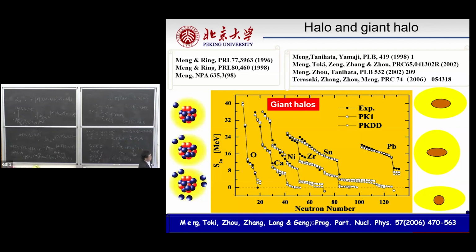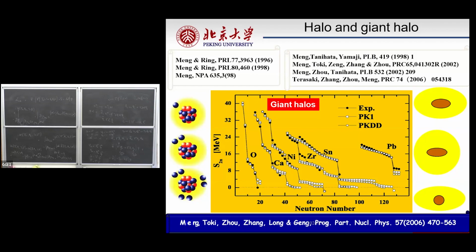When you're approaching the dripline, you will find the 2-neutron separation energy approaching zero, but almost parallel with the zero line. That means when we go to the driplines, a lot of nuclei may exist, but with very small separation energy.